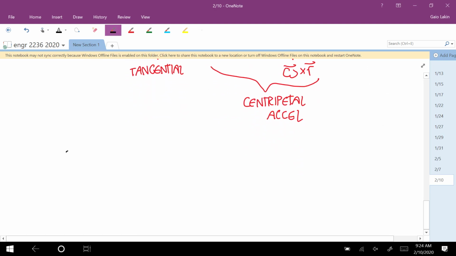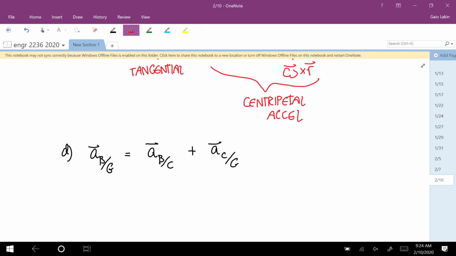Okay, so part D. So now we want the acceleration of the point B relative to the ground. That's equal to the acceleration of B relative to the center, plus the acceleration of the center relative to the ground. Again, this part is going to go away.